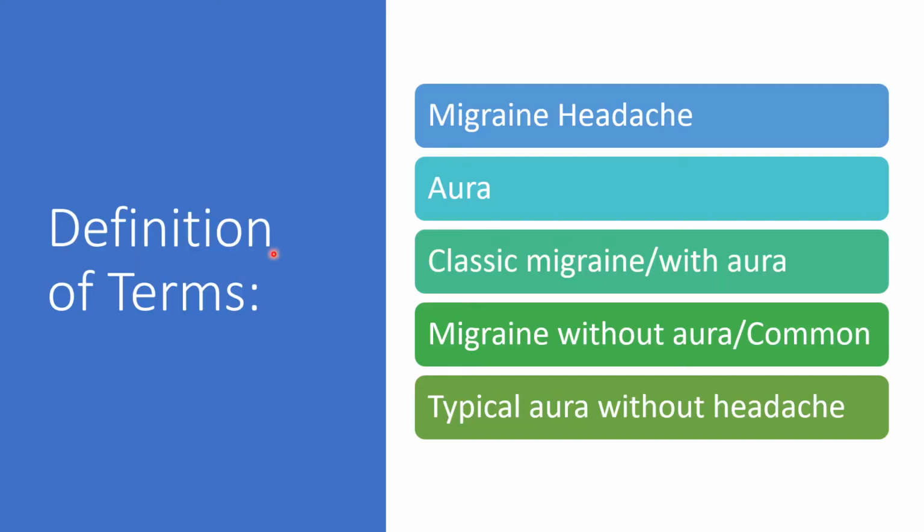Before we can get a full understanding of migraine, we need to define certain terms. The migraine headache. The migraine headache is a very common neurological problem. It is going to cause a lot of trouble for the affected people, giving them strong, throbbing, pulsating unilateral headache, but it might be bilateral.